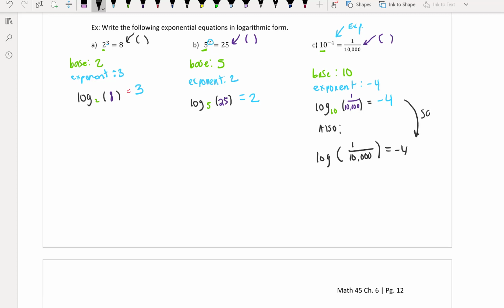These two are the same. If the base of the log is not specifically written, then it defaults to base 10. So log is the same as log base 10.